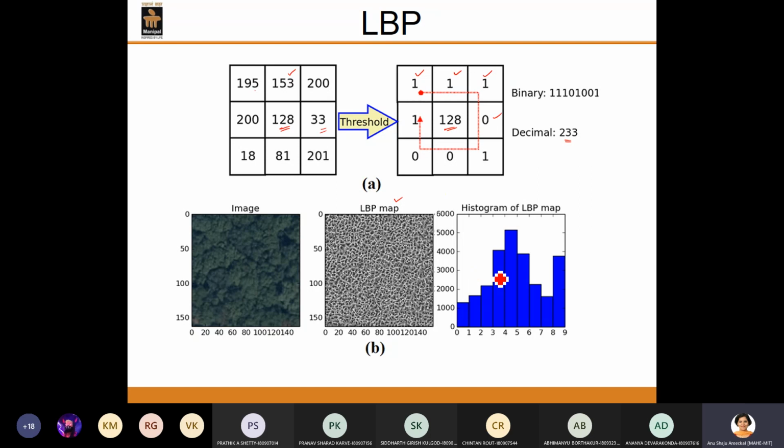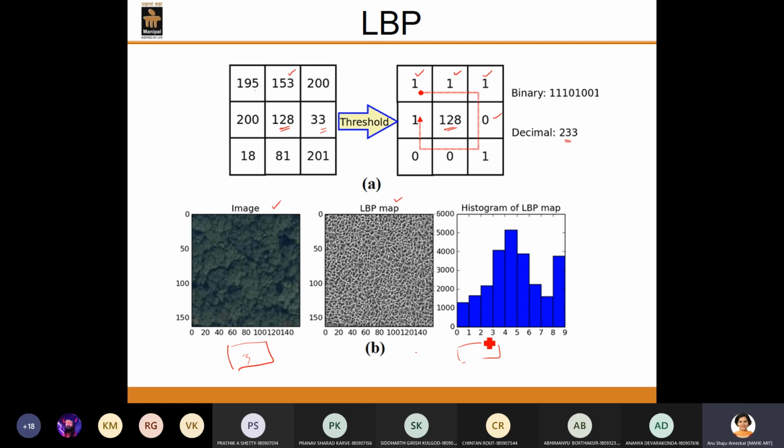Now from this histogram there are different ways of processing. Basically this LBP histogram represents the texture which is present in this image, right? So either the histogram features may be extracted, or another more popular way is that, let's say you're comparing two different texture images. I have another texture image, and I calculate the LBP map and get another histogram.